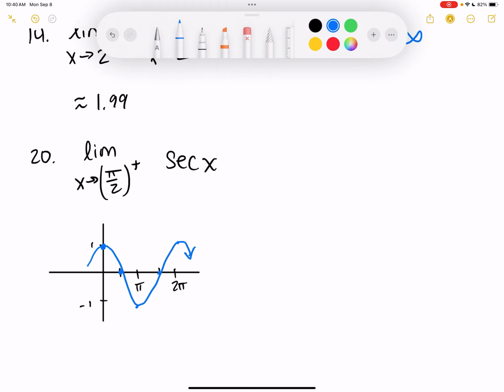I was like, why does the graph on my paper not look like the one on the calculator? And then I realized. So basically we'd have something going here, and then we'd have one going here. So this is secant down here. To pi over 2 from the right, it would be going down to negative infinity. There we go.